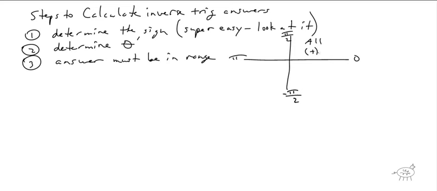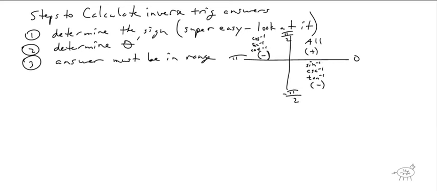Okay, so the trig functions between 0 and pi over 2 are positive, and these are negative for inverse cosine, inverse secant, and inverse cotangent. And these are negative for inverse sine, inverse cosecant, and inverse tangent.